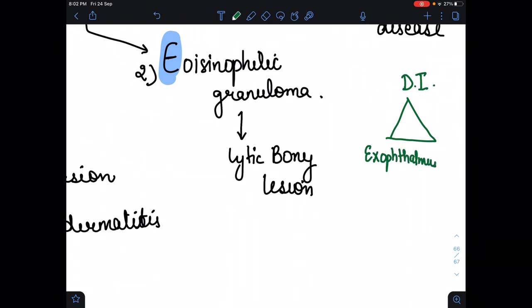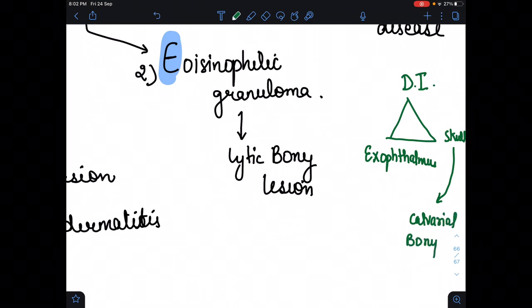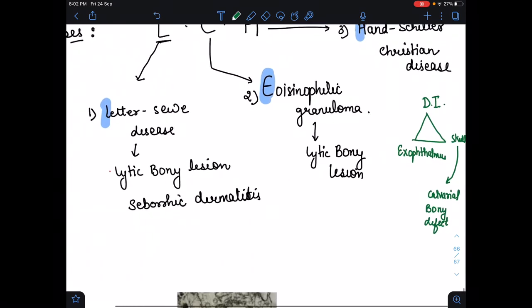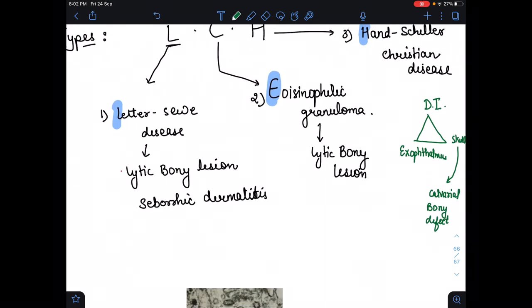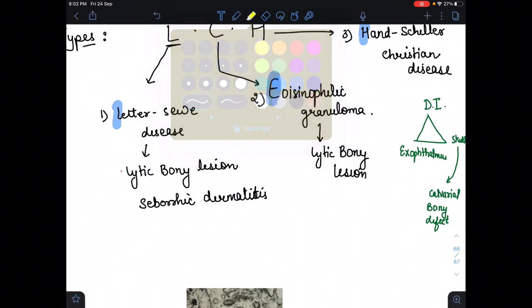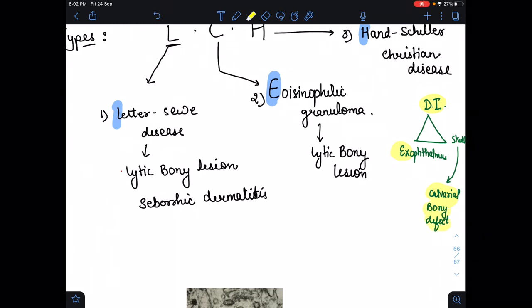And the third is seen in the skull: calvarial bony defects. So the triad of Hand-Schüller-Christian disease is diabetes insipidus, exophthalmos, and calvarial bony defects.